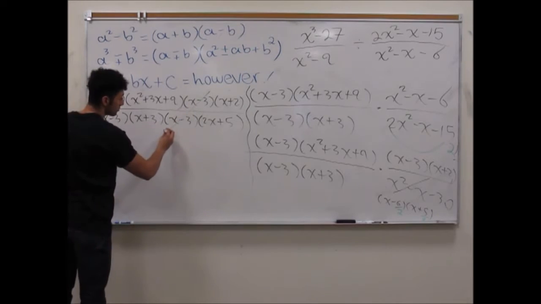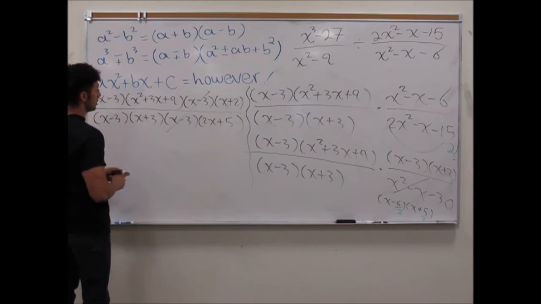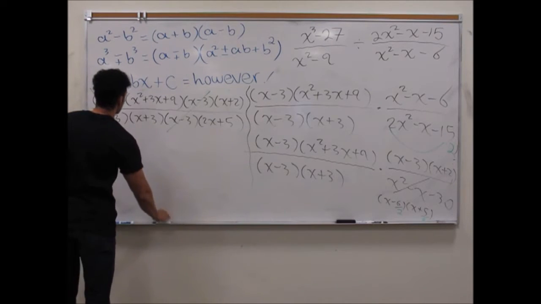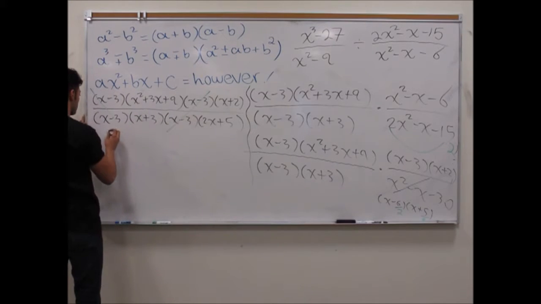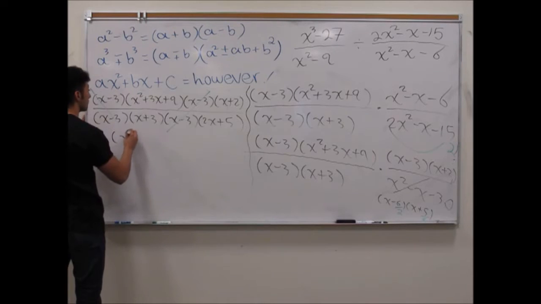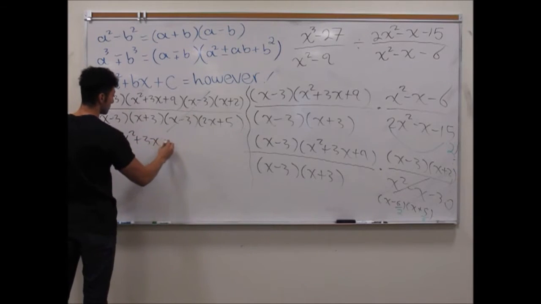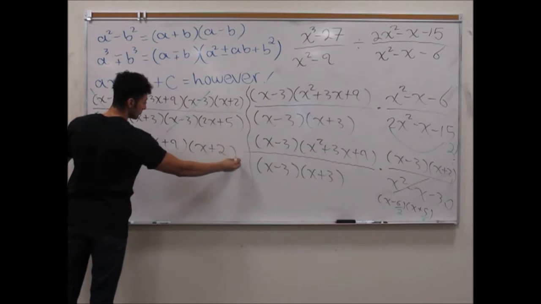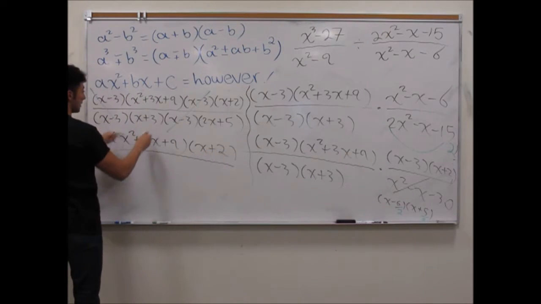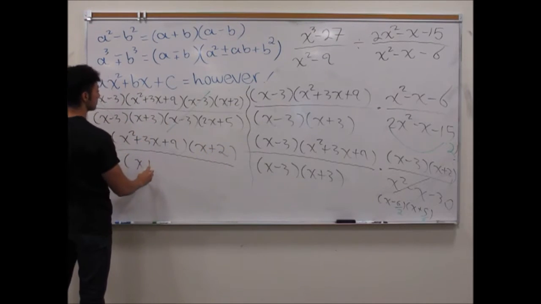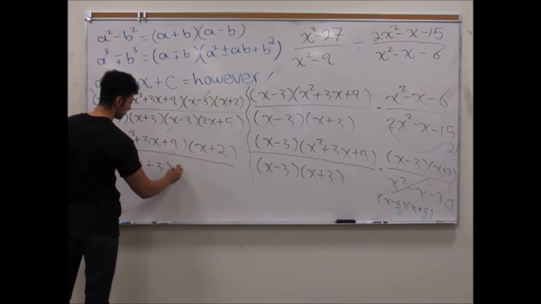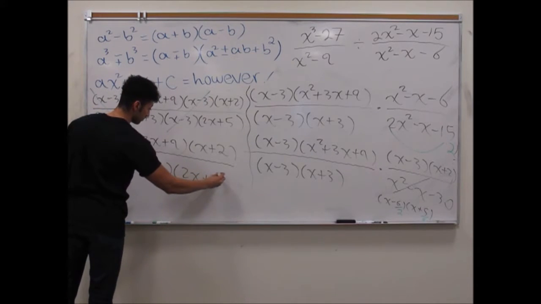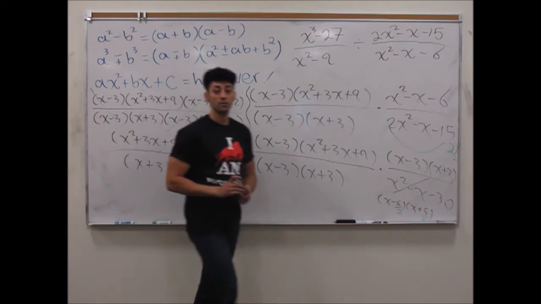These x minus 3's also cancel. Okay, so now we get this guy: x squared plus 3x plus 9, x plus 2, x plus 3, 2x plus 5. That turns out to be the final answer.